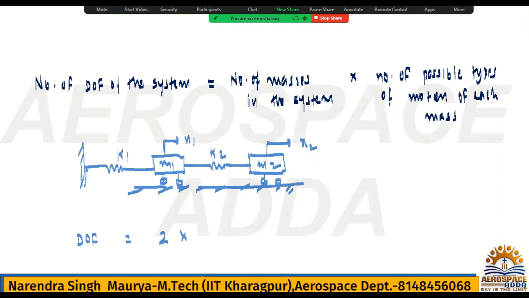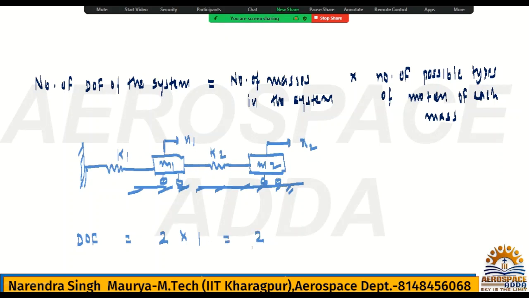It can be x1, x2, x3, but it is in the x direction, only in one dimension, that is x. So for each mass, m1 has only one motion in x direction, and m2 also has only one motion in x direction. So how many degrees of freedom for this? 2 into 1, and this is nothing but a 2 degree of freedom system.